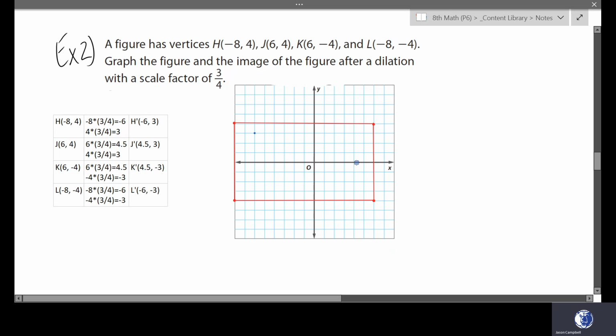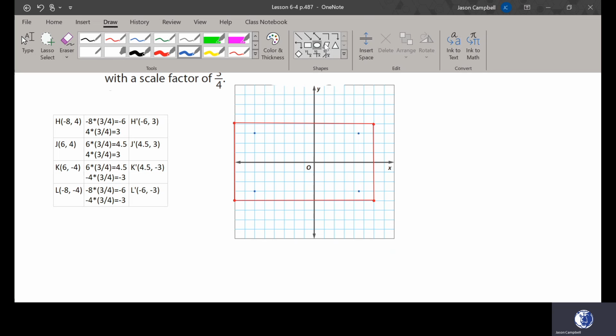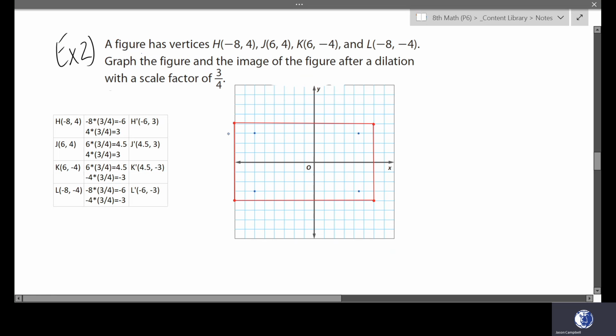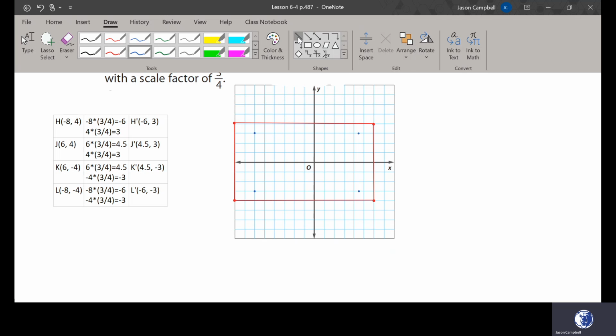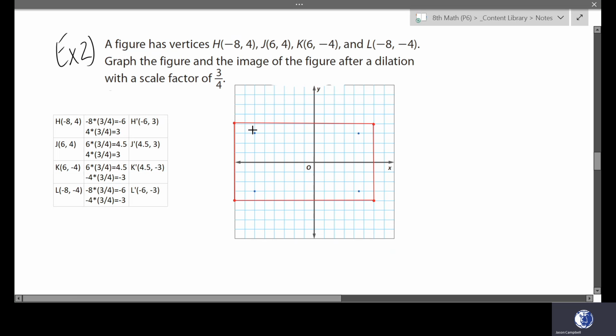J prime is at 4.5, +3. K prime is at 4.5, -3. And L prime is at -6, -3. I'm going to connect these points together to finish creating my image.